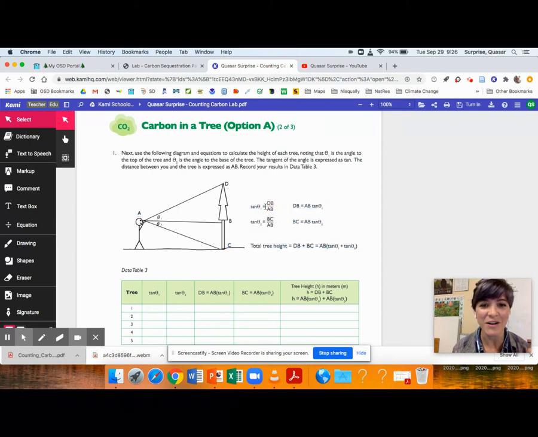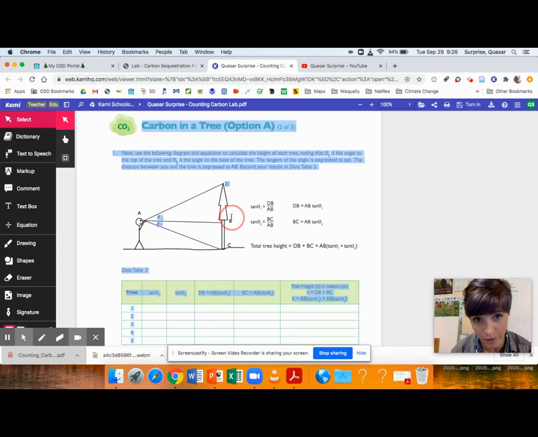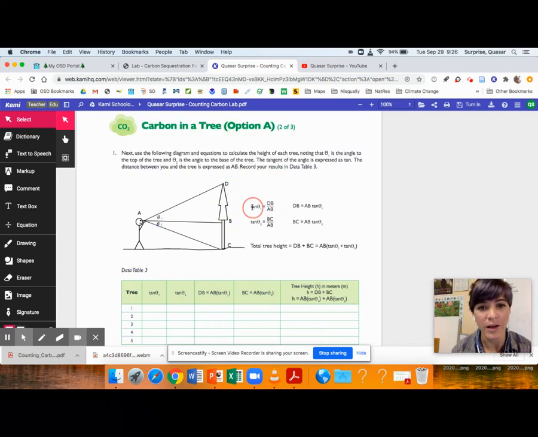So we actually already know the angle, theta 1. So we take the tangent of it, which we'll use our scientific calculators to do. We don't know dB; that's what we're trying to figure out. So tangent of theta 1 equals dB over AB.